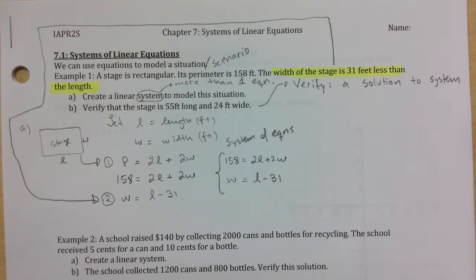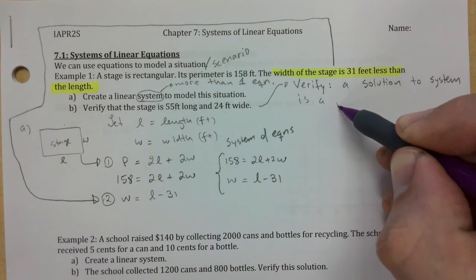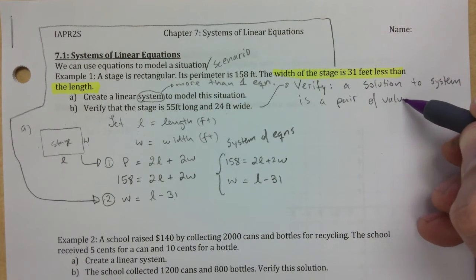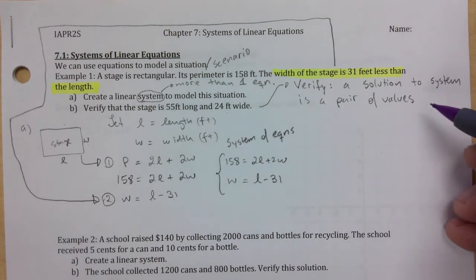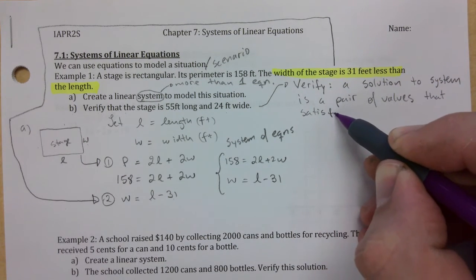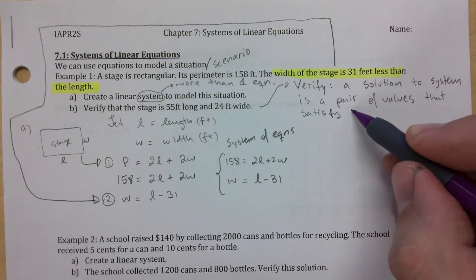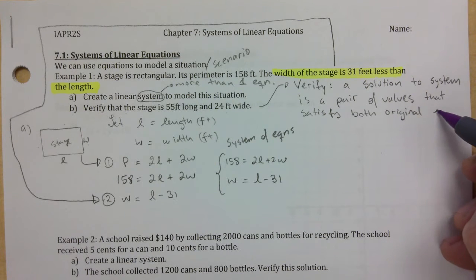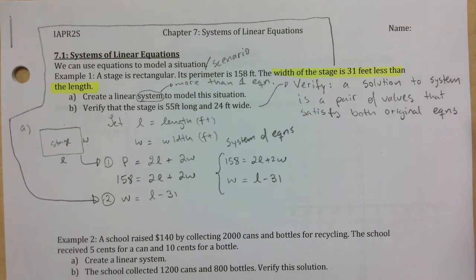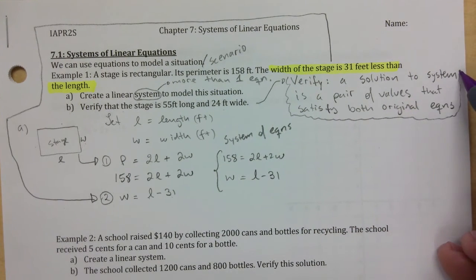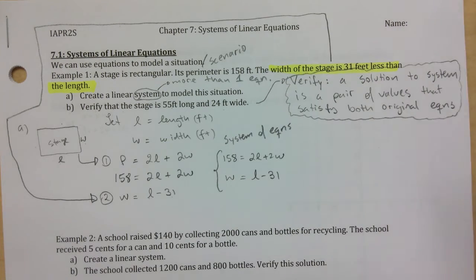When we verify, we have to have a solution to a system is a pair of values that satisfy both original equations. So this is something that I would like to make a cloud out of. So that's going to be important to us.